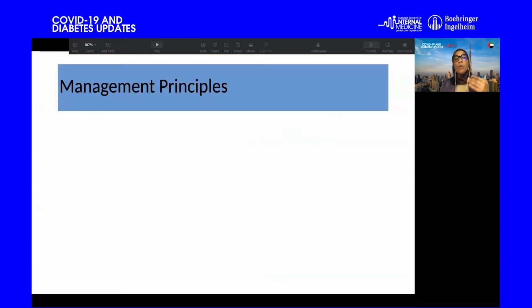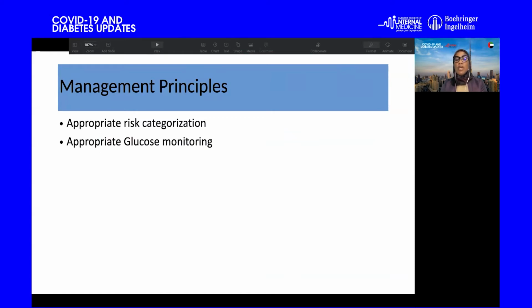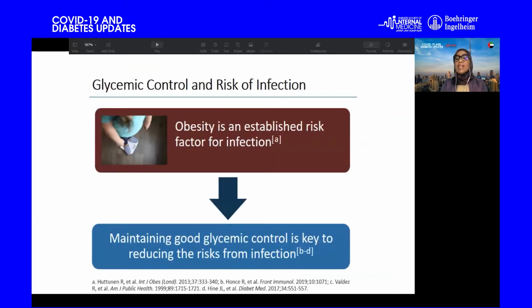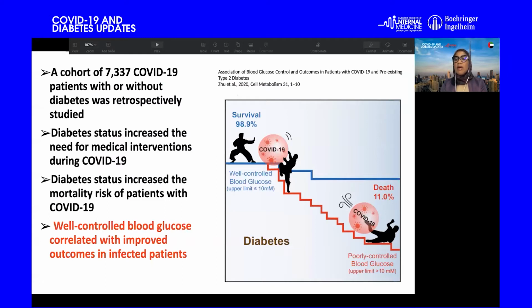Going now towards the management principles, the first thing we need to do is appropriately risk categorize our patients, make sure that we offer them meticulous glucose monitoring and then medication adjustment. That's important because we know that maintaining good glycemic control is key to reducing the risk for infections. And this is now a famous picture.